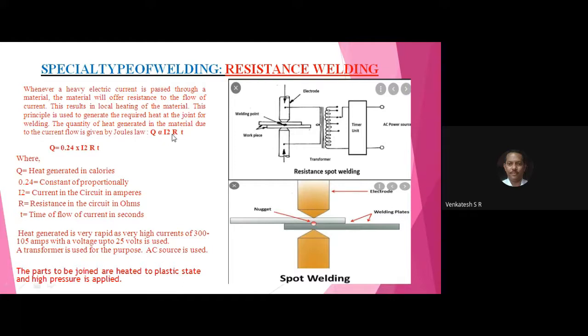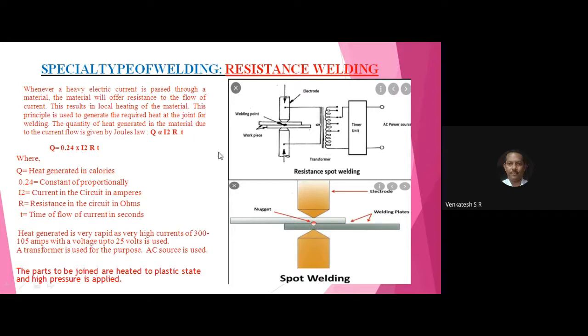With the flow of electric current in the circuit, thin sheets of thickness 1 millimeter or 2 millimeter are joined. A good example: all of you have an almirah in your house.